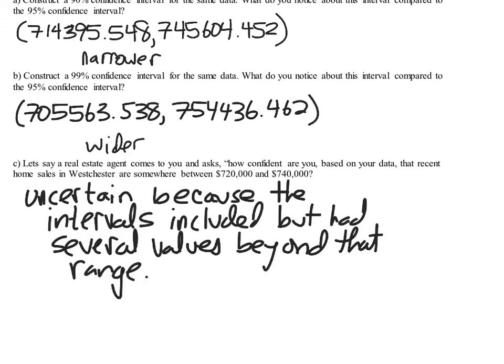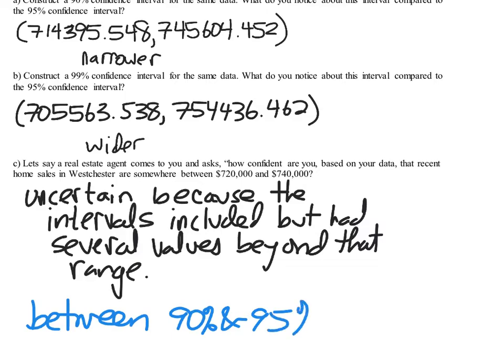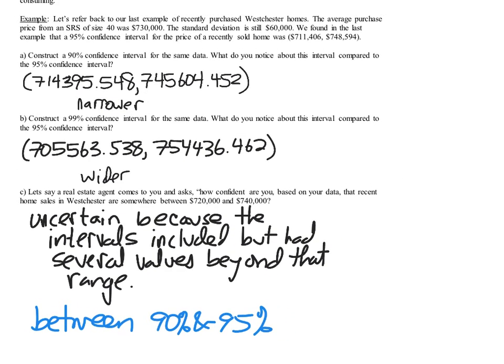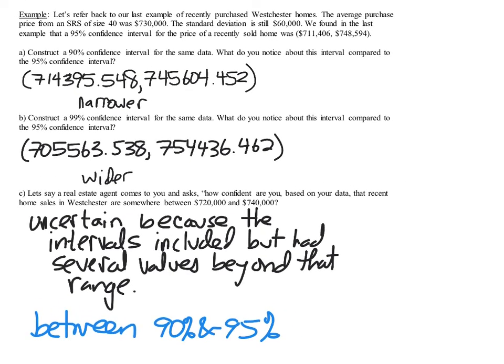So, let me say, I'll be a little bit more vague. So between 90 and 95%. Right. So we have the 90% confidence interval here and the 95% confidence interval there.